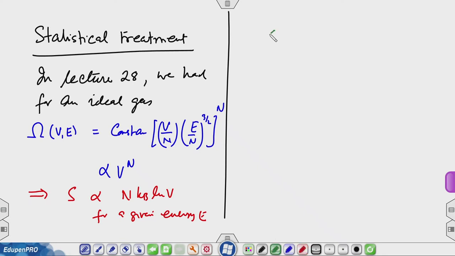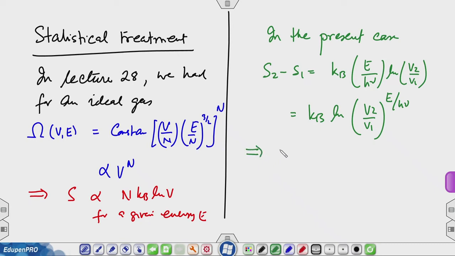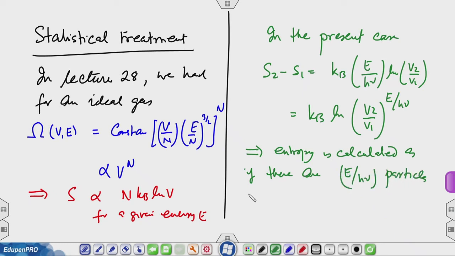In the present case, we have S2 minus S1 equals Kb E over h nu log of V2 over V1, which can be written as Kb log of V2 over V1 raised to E over h nu. And this shows again that entropy is calculated as if there are E over h nu particles of radiation in the cavity.